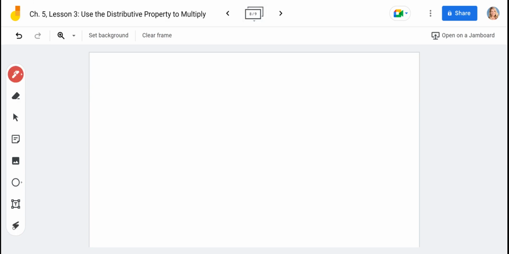So on homework, for problem number 3, I want you to keep 18 the same, but decompose, sorry, it's supposed to be parentheses, 39.